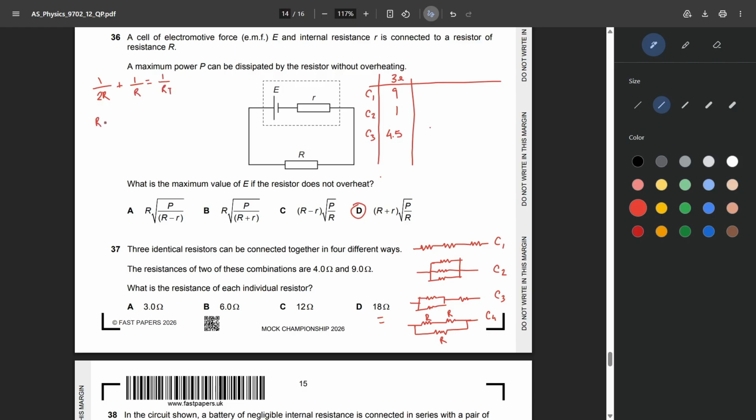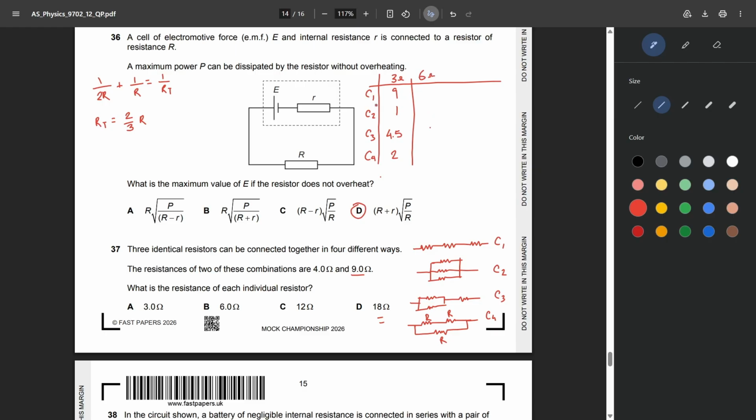Solving for RT gives us 2/3 of R. Now, if we put 3 in the place of R, we simply get 2 ohms. Okay, so for the 3 ohm resistor, we get 9 ohm for combination 1, but we don't have any combination that results in 4 ohm, right? So let's move to 6 ohm.